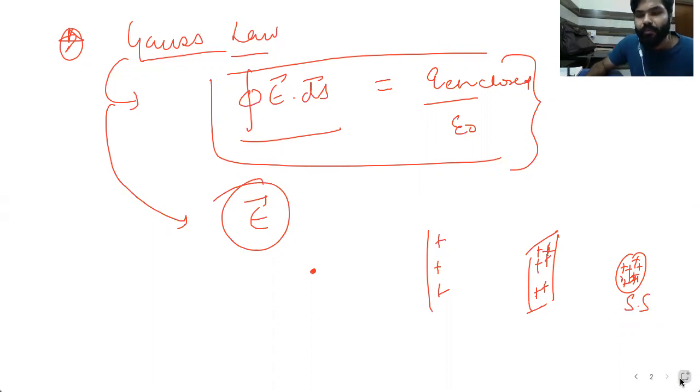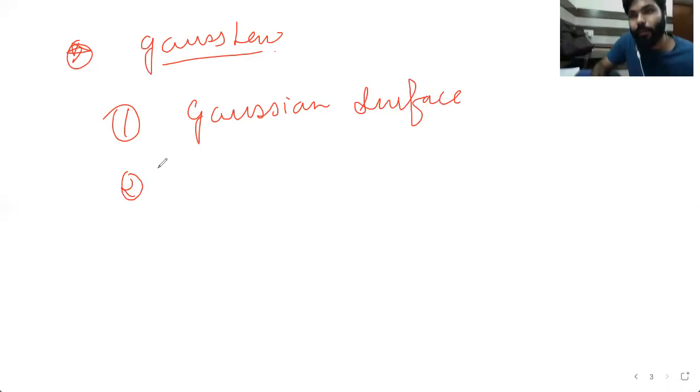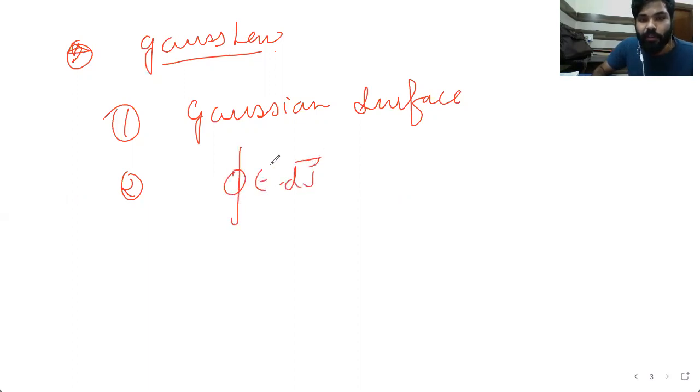Now let's see how to apply Gauss law. I will apply this Gauss law in 3 steps. The first step will always be finding the Gaussian surface. Second step would be applying Gauss law, which is flux E dot ds equal to Q enclosed over epsilon naught.